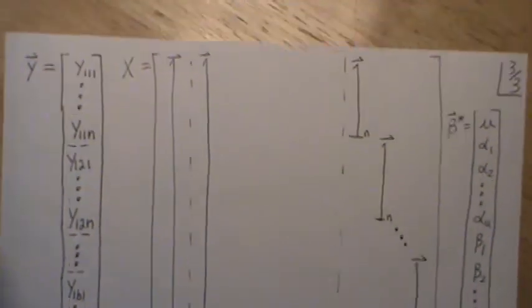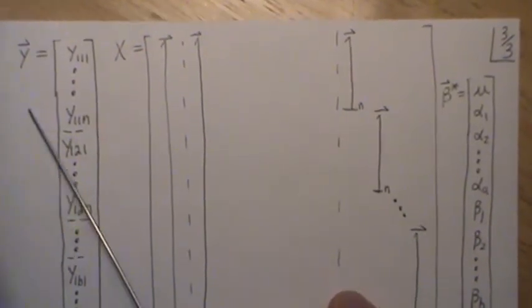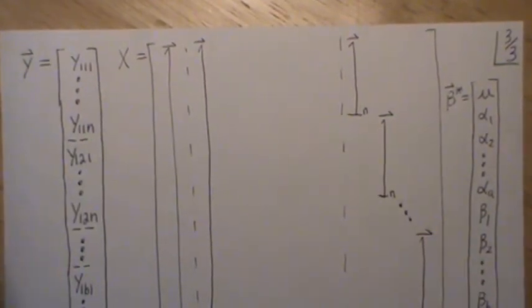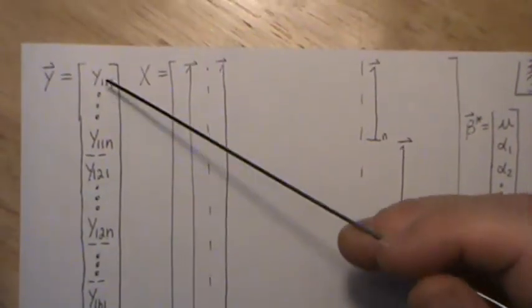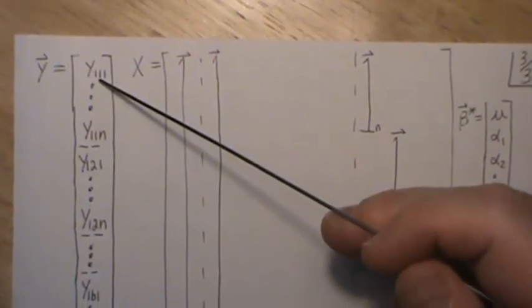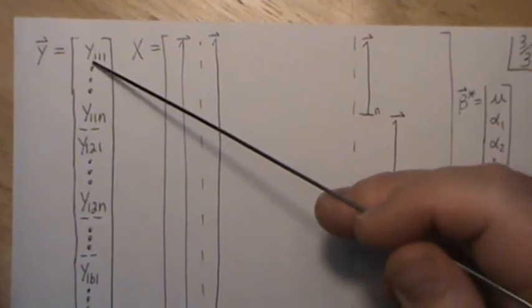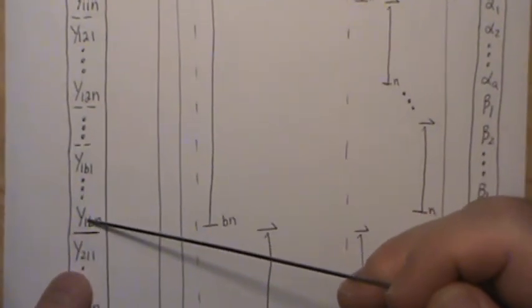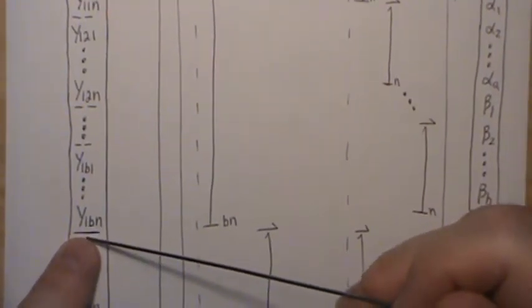Now here's how you'd write it out. So Y, it's one long vector, but the convention is that factor A comes first, and then factor B, and then the number of replicates, right? So all of these here deal with factor level A1.